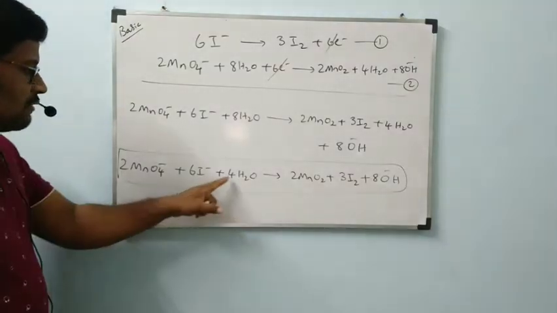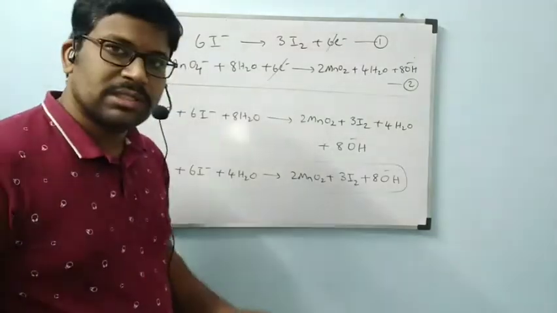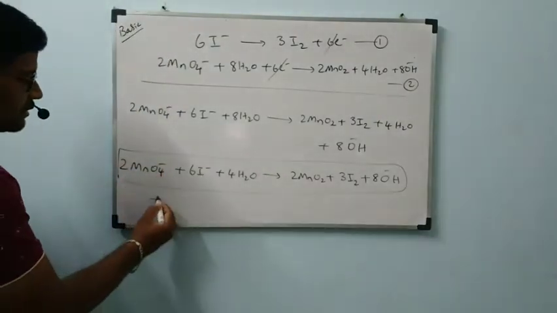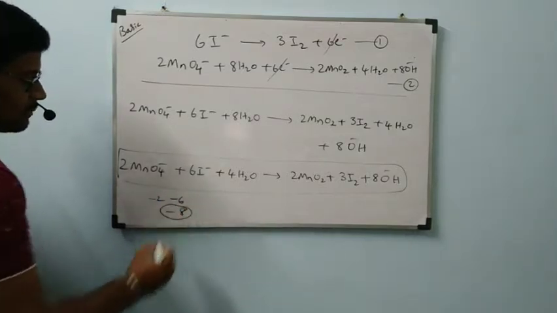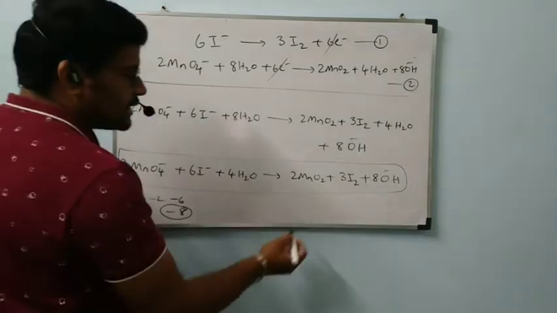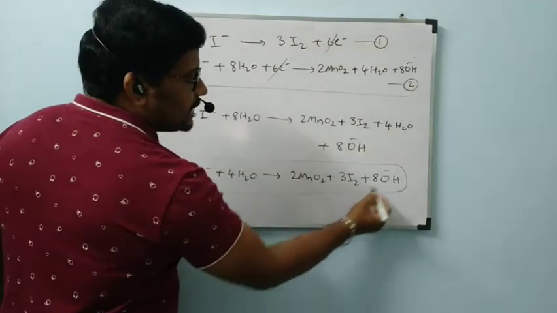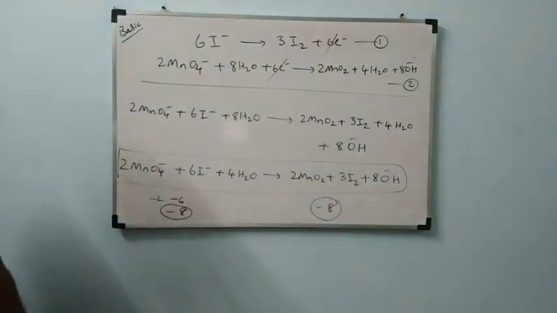Hydrogens: 4 twos are 8, and 8 ones are 8 hydrogens. Everything is balanced. Charge: 2 into minus 1 is minus 2, minus 6, total minus 8. Right side, this is neutral, this is also neutral, 8 into minus 1, minus 8. Charge wise also it is balanced.